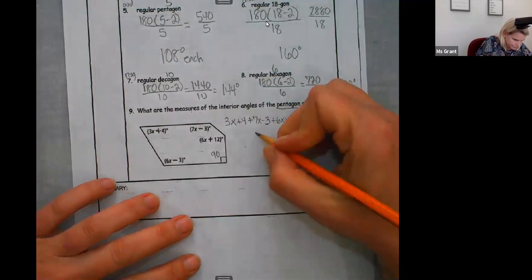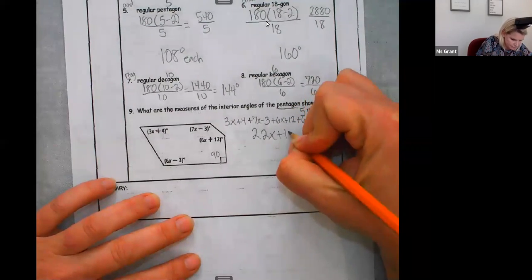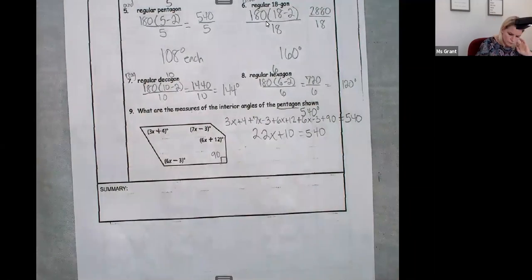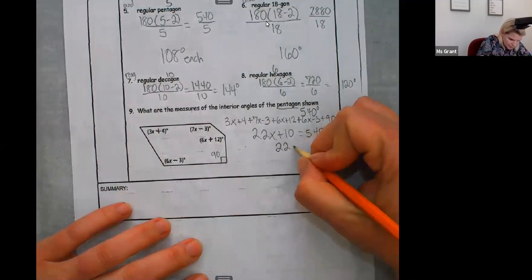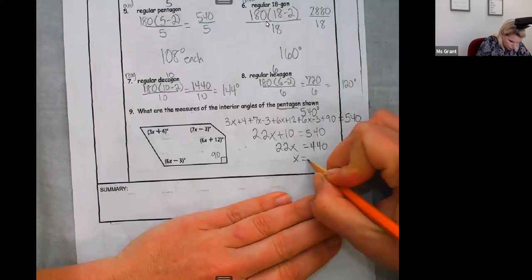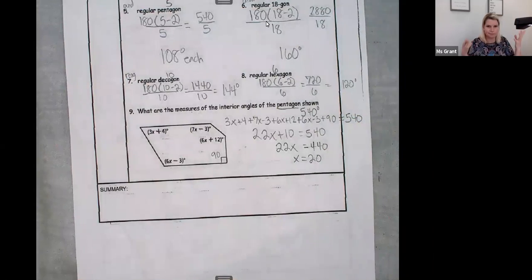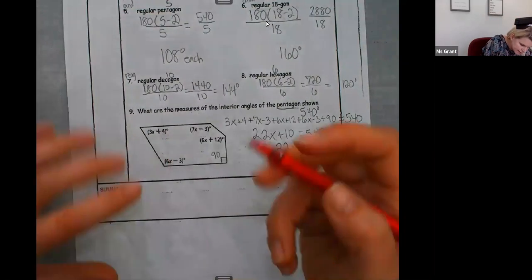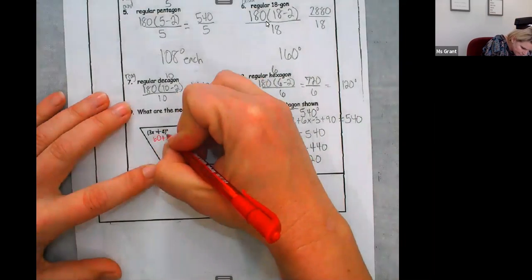Yes, sir. 22x plus 10 equals 540. 22x equals 440. X equals 20, right? So then I'm going to say, okay, if I know that x is 20, that's going to be 3 times 20, 60 plus 4.